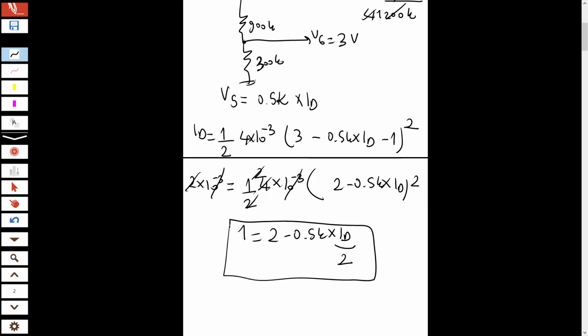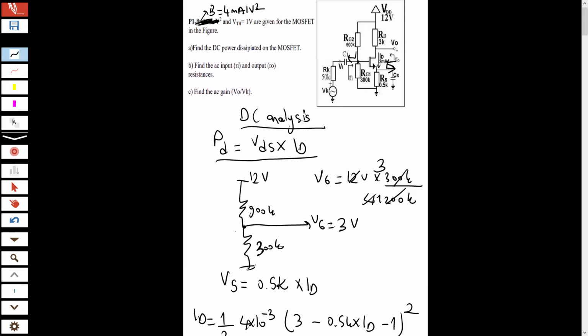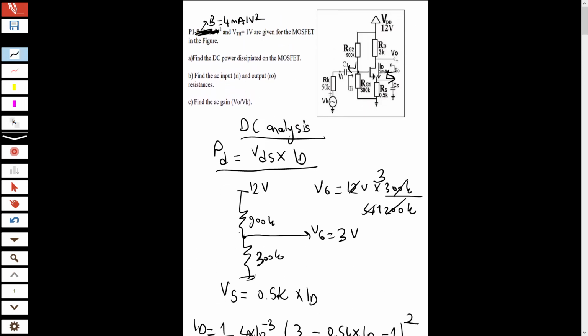Okay, this analysis was not necessary, but we have done it anyway. So V source becomes 0.5k times 2 milli, and it is 1 volt. What is V drain?